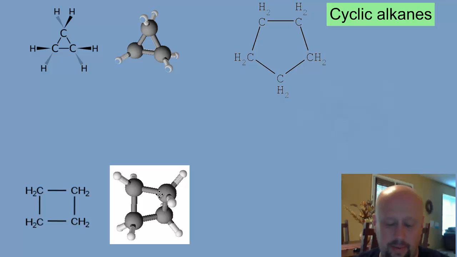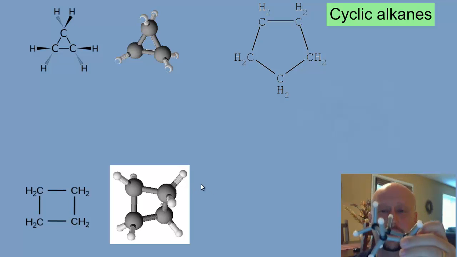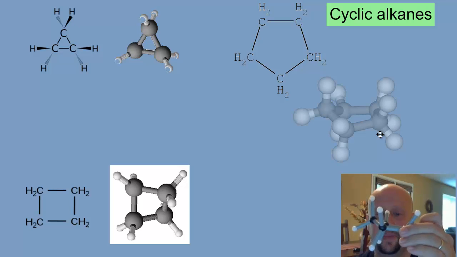And so what happens if we go up another step? What if we go up to cyclopentane? We're going to talk a little bit more about cyclopentane. We talk about cis-trans isomerism here as well. So what we've got there, if we make that molecule, is that it essentially looks kind of like this.